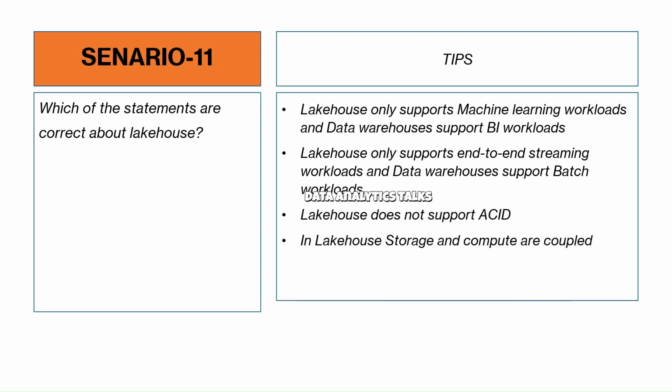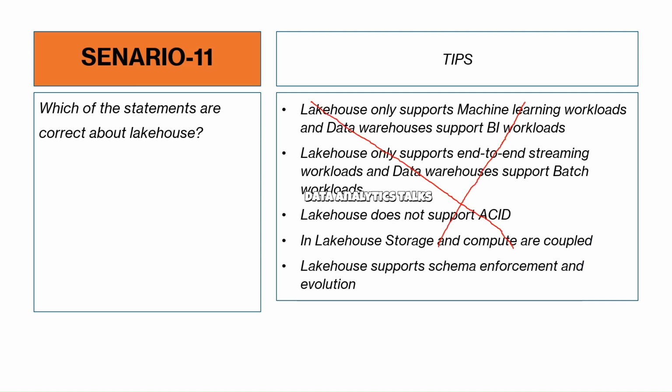In Lakehouse, storage and compute are coupled. Lakehouse supports schema enforcement and evolution. The question is, which of the statements are correct about Lakehouse? I would say the first four options are wrong. The correct answer is Lakehouse supports schema enforcement and evolution.